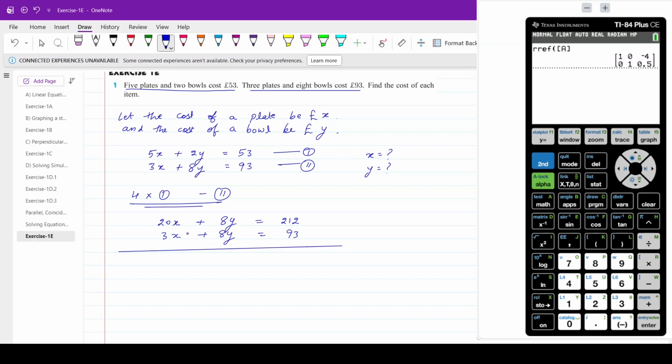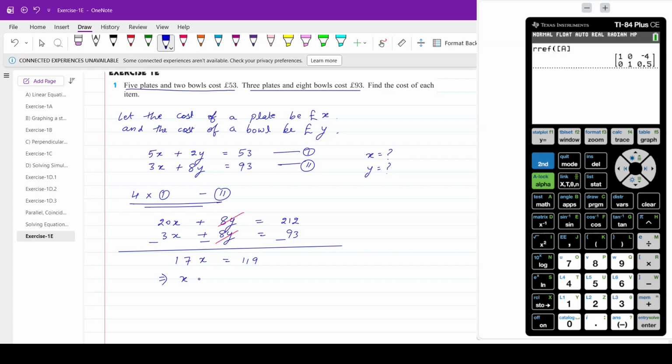Now if we subtract, the signs will reverse for the second equation and we'll be left with the x term only, and we'll get 17x, 20 minus 3 is 17x, which will be equal to 119. 212 minus 93 is 119.